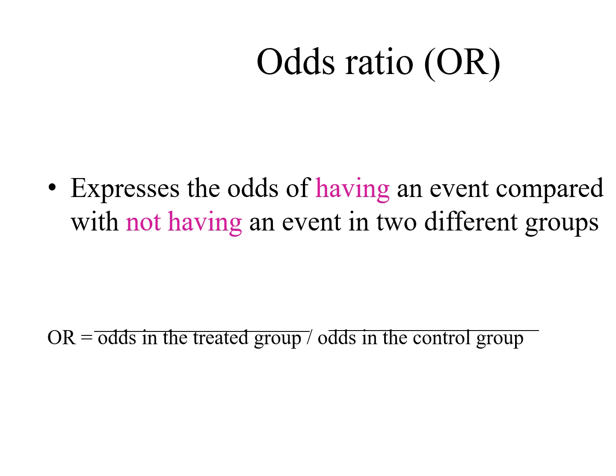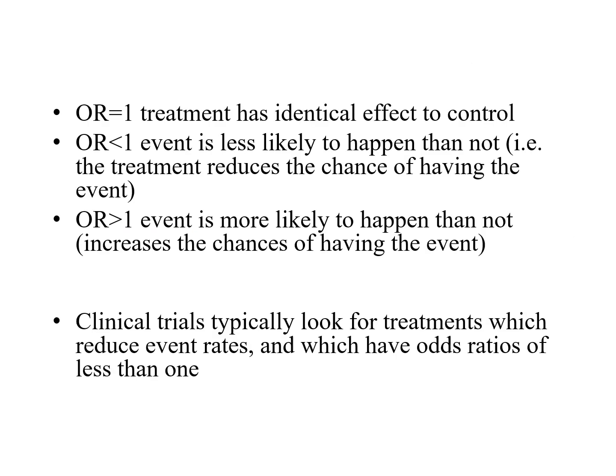So, odds ratio expresses the odds of having an event compared with not having an event in two different groups. So, it is odds in the treated group over odds in the control. Having an odds ratio equal to 1 would mean that treatment has identical effect to control.